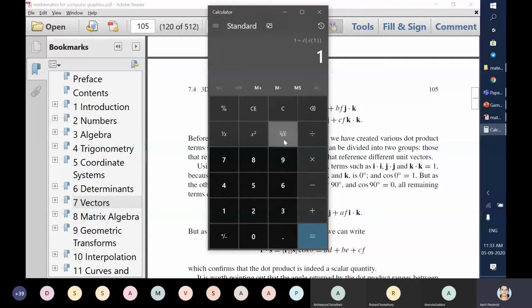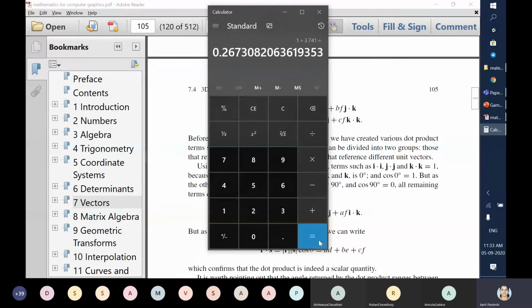What I will do, I will directly write down under root of 14. So it is 1 divided by 3.741, and see here, the value is 0.267.